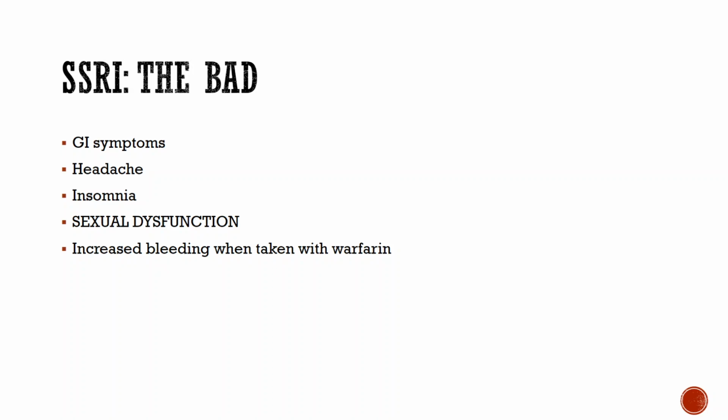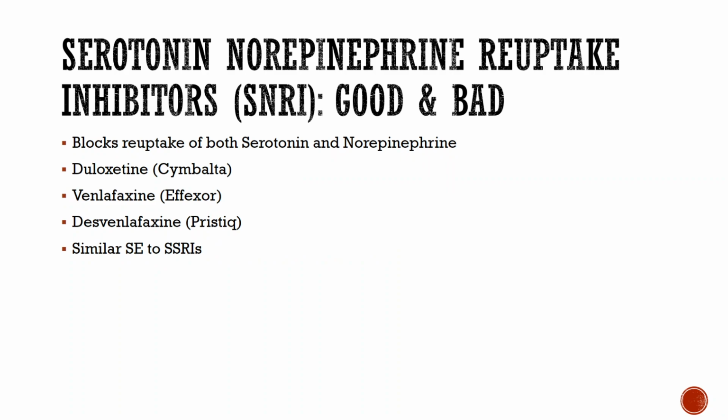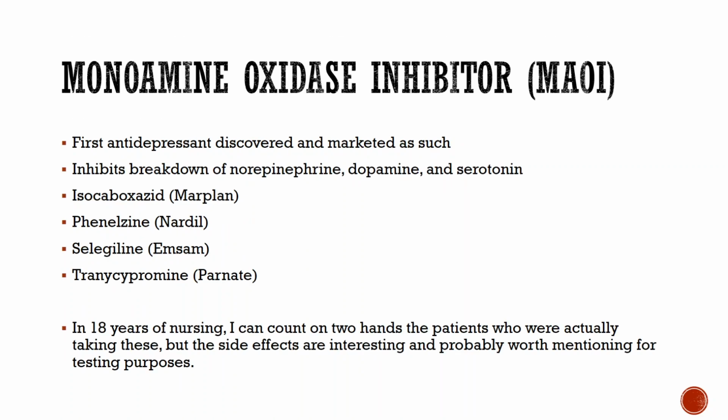So the bad with these guys is GI symptoms, headache, insomnia, sexual dysfunction, so not only decreased libido, but potentially like an erectile dysfunction type situation, and increased bleeding when it's taken with warfarin. Our SNRIs, serotonin norepinephrine reuptake inhibitors, are all the ones listed below. And they have a similar side effect profile to the SSRIs.